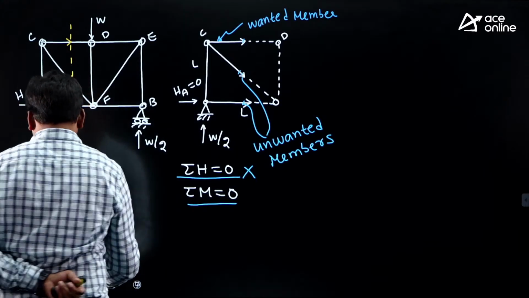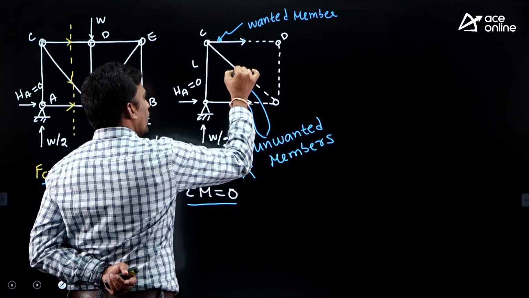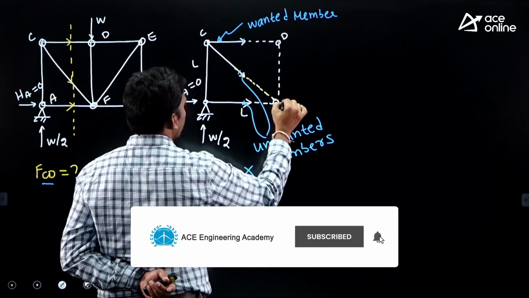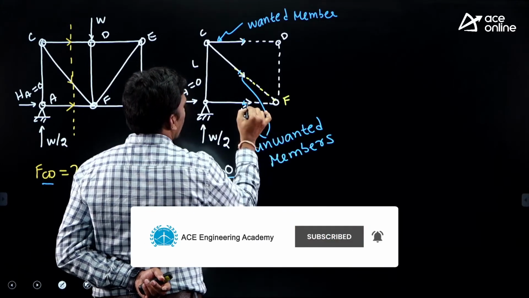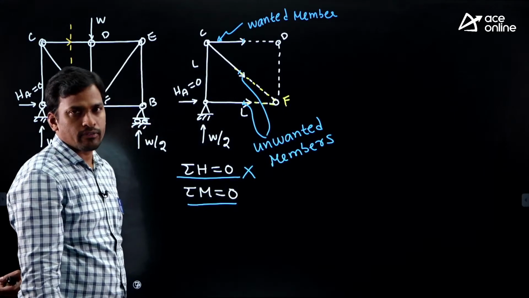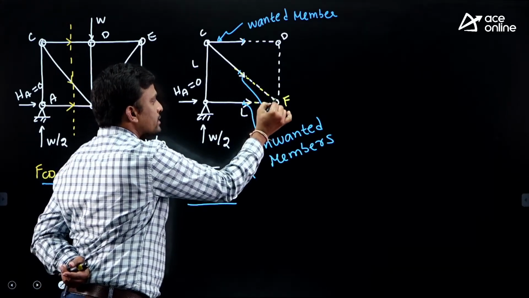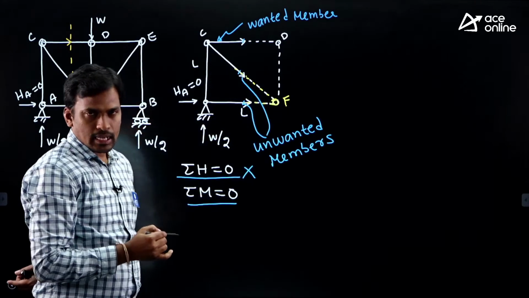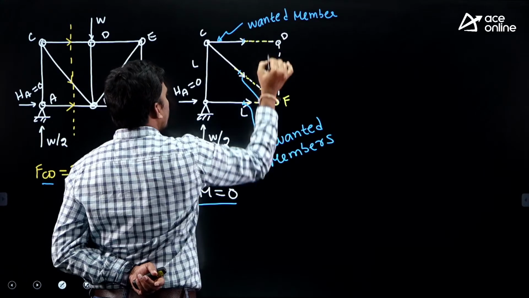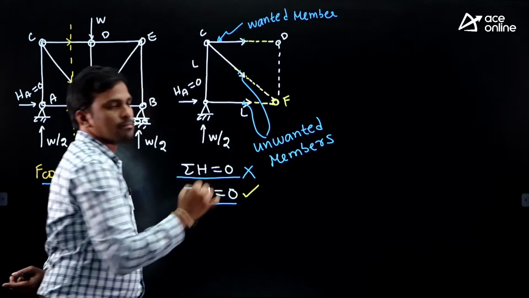If you see here, students, the line of action of these unwanted members meets at joint F. Now tell me, are all the unwanted members meeting at a single joint or not? Yes. Now tell me, is the line of action of the wanted member meeting at joint F? No. Then sigma M is possible.